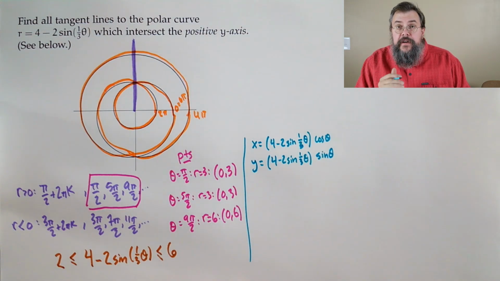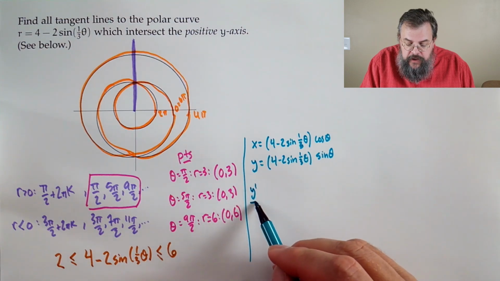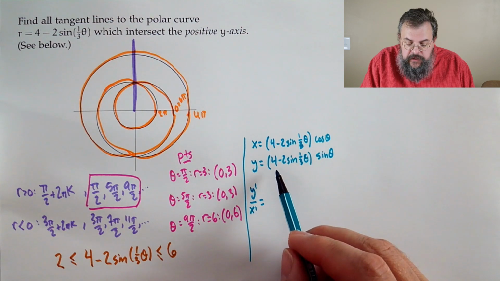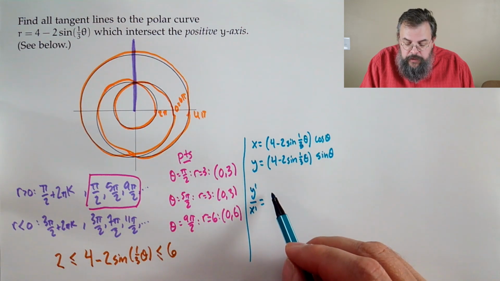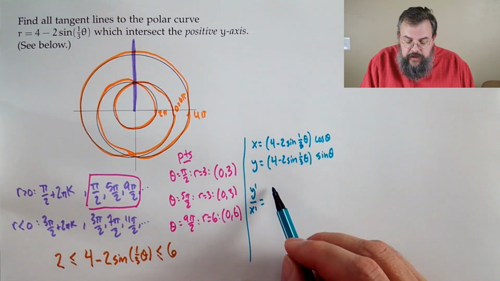So let's see what happens. Remember, we need to look at y prime over x prime. So derivative of the first, well, derivative of 4 is 0. Then derivative of minus 2 times sine would be, well, derivative of sine is cosine. And then don't forget the factor of a third.